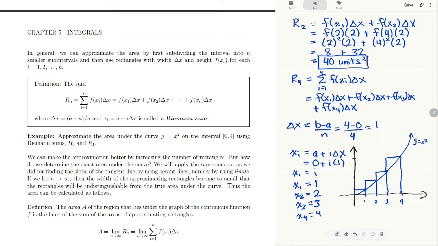And the heights of these rectangles will be f of 4, f of 3, f of 2, and f of 1.